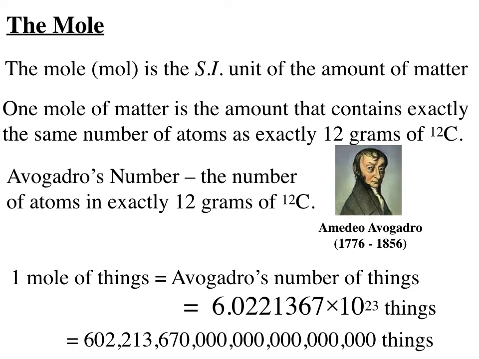However, they are essentially imperceptible, and we can only really infer their presence at small numbers by using tricks like shining light on them. Well, what we're going to do to weigh out or deal with samples of matter, since we can't deal with them on an individual basis, is deal with large numbers of them at the same time.